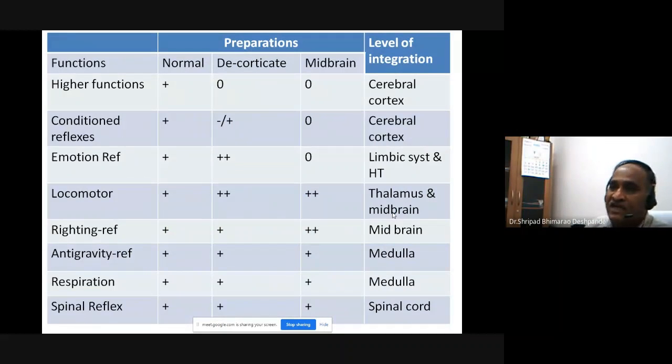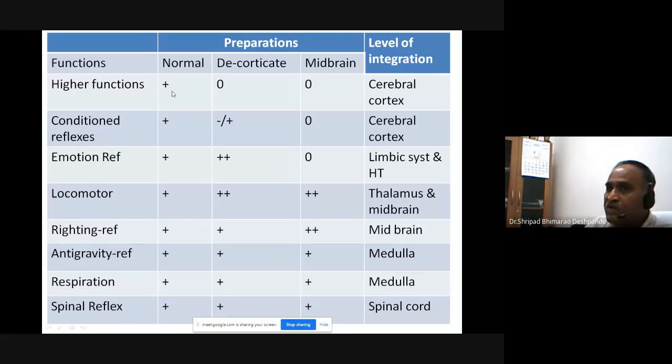Now I leave the decortication there and come back to the midbrain preparation, in which the level of the lesion is just above the midbrain, above the superior colliculus, where we spare the midbrain. Once we spare the midbrain, you will lose all the higher functions.